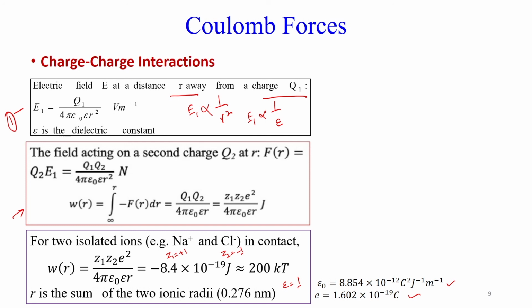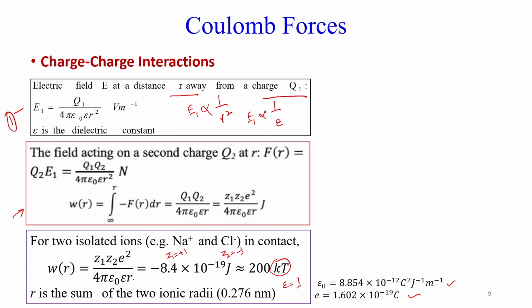As we discussed in the last class, energy can always be converted in terms of thermal energy. So it comes out to be 200 kT. If you compare this value of thermal energy with the covalent linkage, it is found to be comparable. So we can say the Coulomb forces are comparably as strong as the covalent interactions.